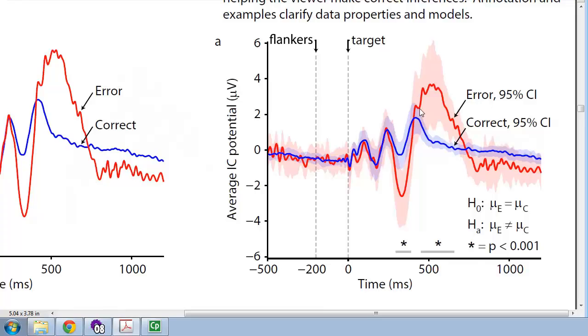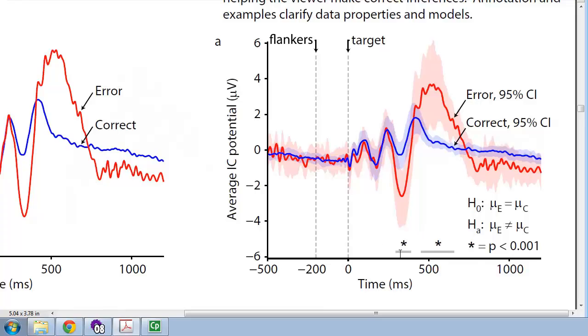Then we've also added error bars, pointwise 95% confidence intervals for each of the lines in the light red or light blue around the line. At the bottom, we have the null hypothesis and the alternative hypothesis stated for what test is being performed, and then the p-value and ranges where in fact these two curves are different at a 0.001 level.